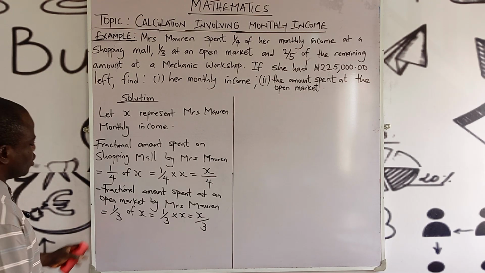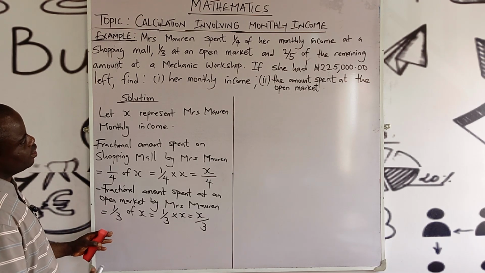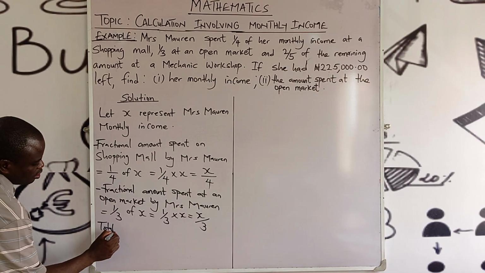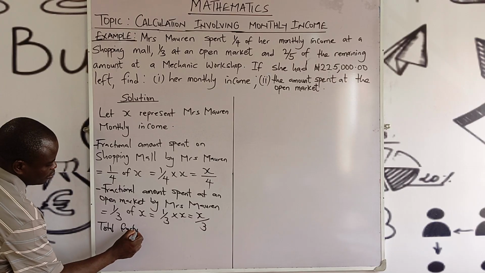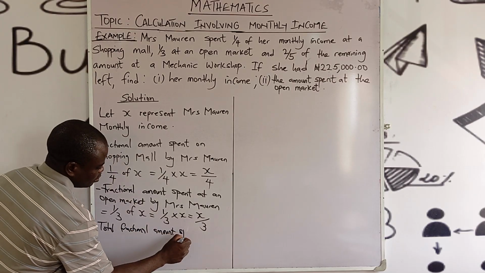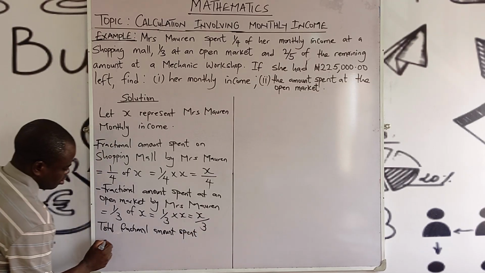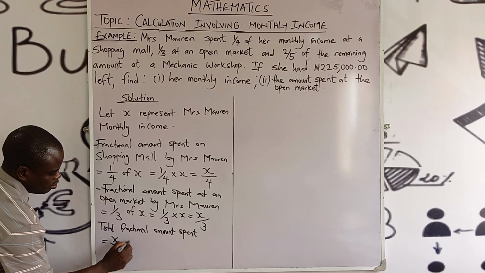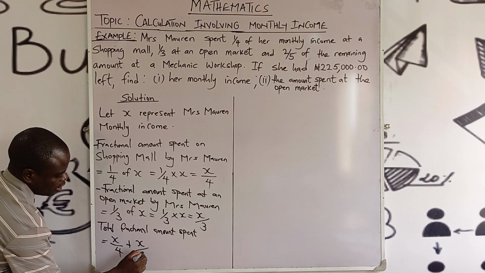Now, the total fractional amount spent equals X over 4 plus X over 3.